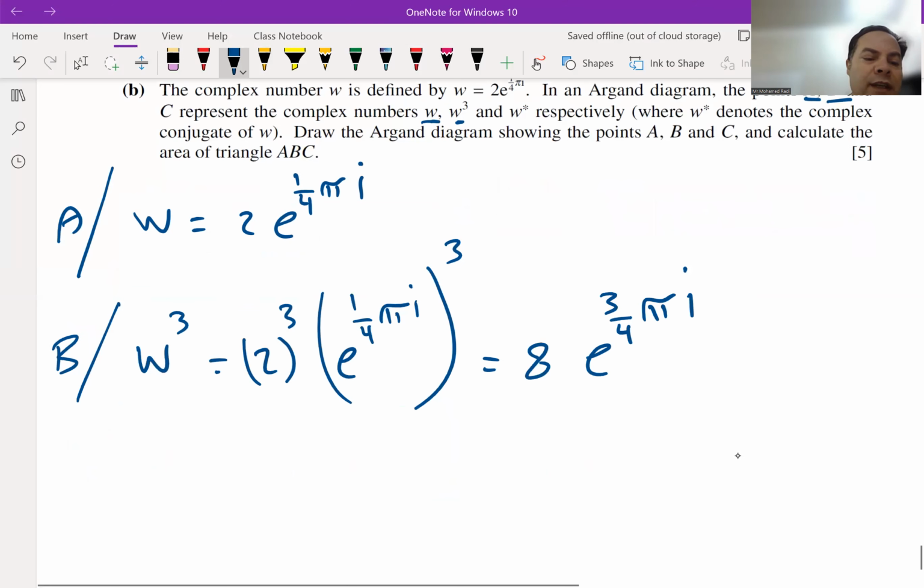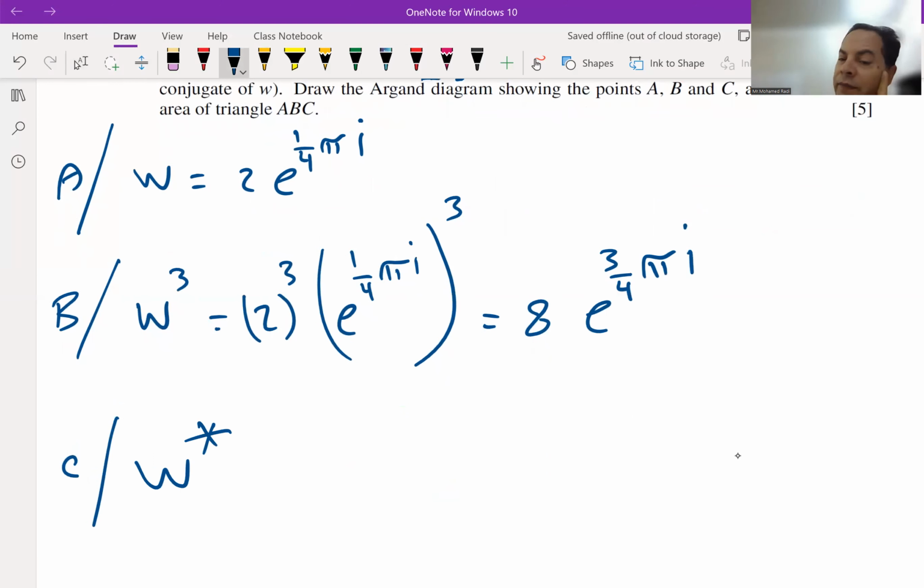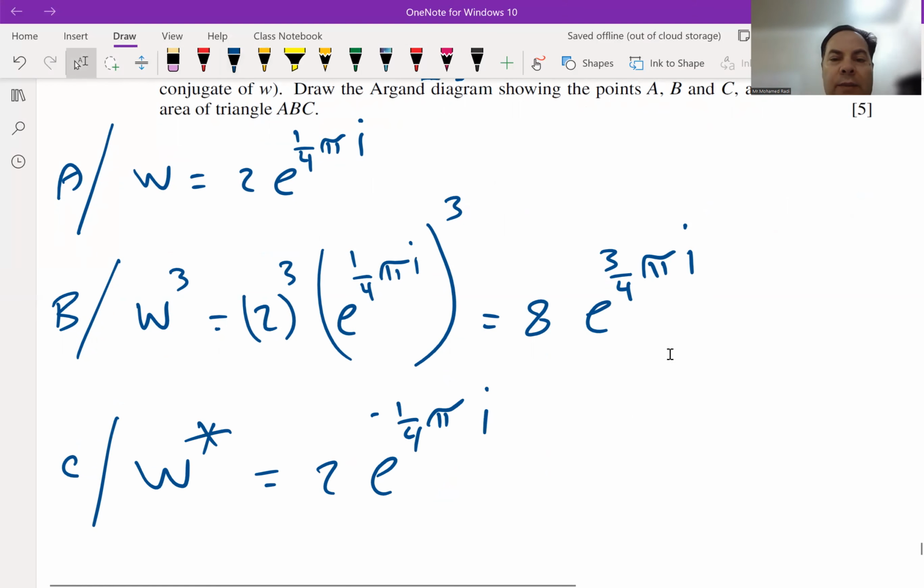And point C represents W conjugate, which means change the sign, change the argument from positive to negative. So the answer will be 2e to the power of negative pi over 4 i. So these are the points A, B, and C.